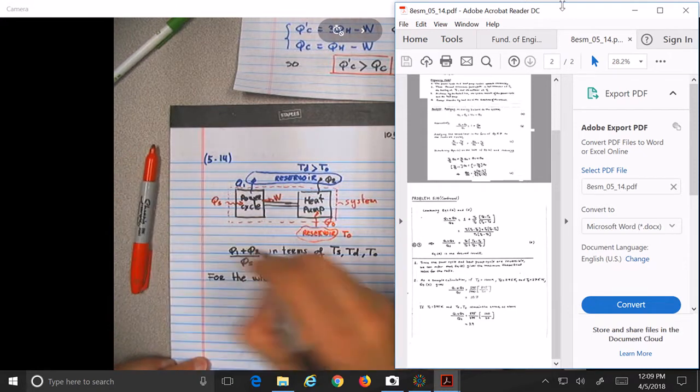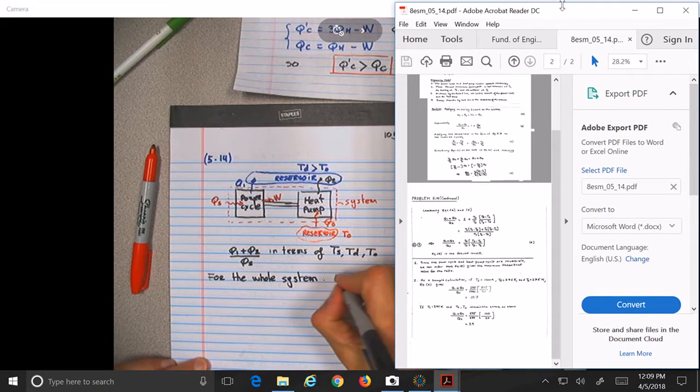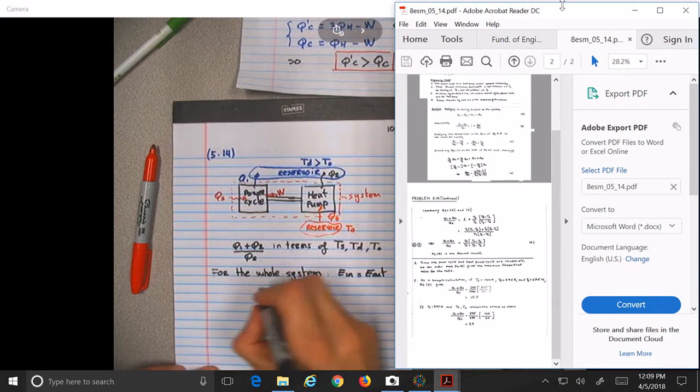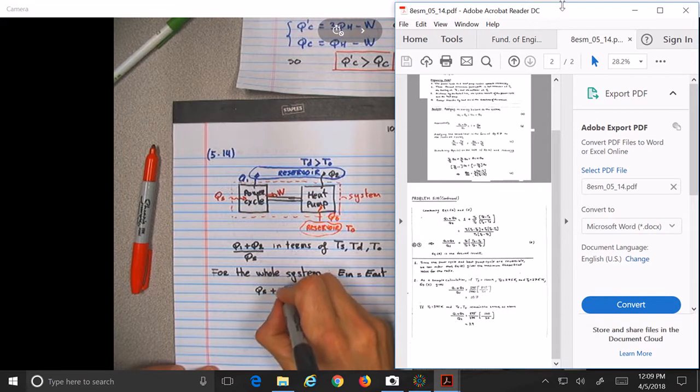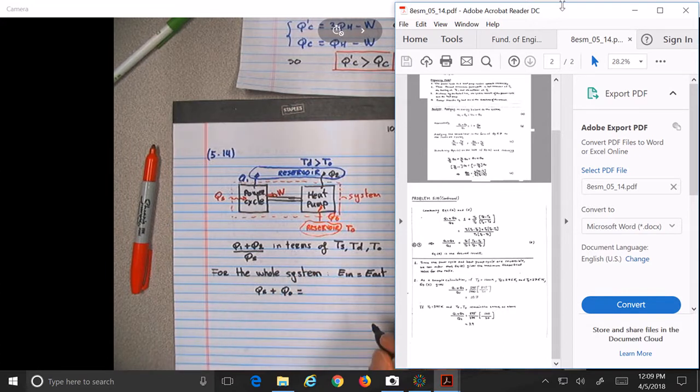The whole system, we can say energy in equals energy out. So you're going to have QS, I think is what they say here, QS plus Q naught equal to Q1 plus Q2. Isn't that what we proved before? Q1 plus Q2 equal QS plus Q naught. Okay, that's all we did before.